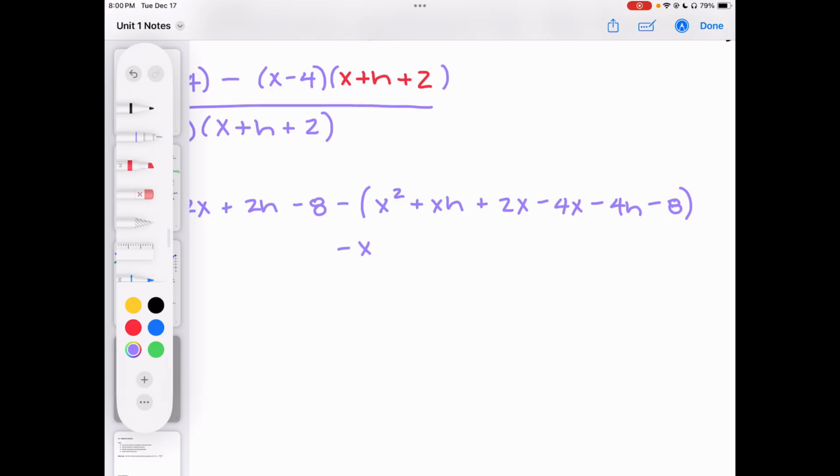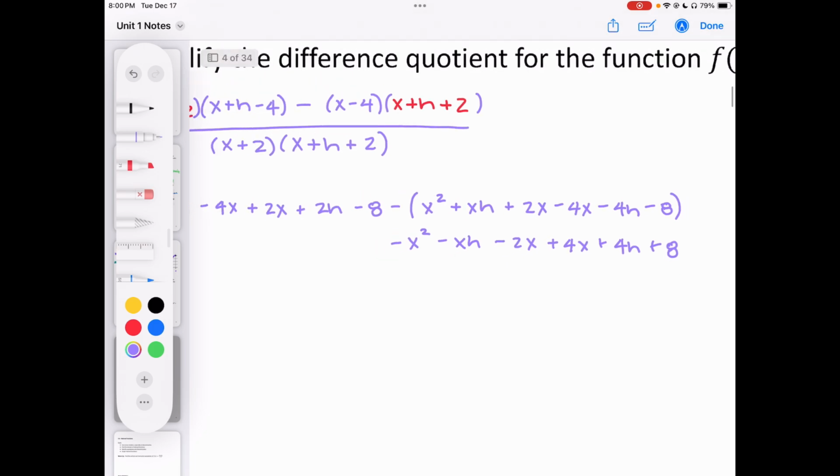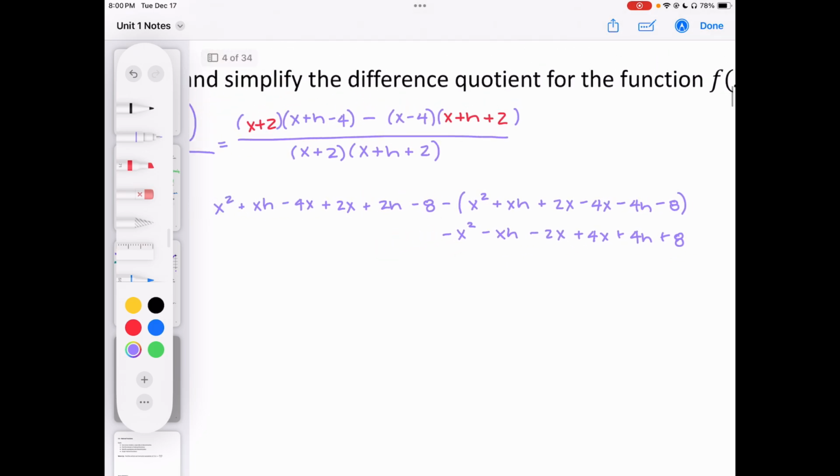Going to distribute the negative. Okay, and then let me bring down the rest of this. I'm just going to duplicate it. Look at that. Okay.